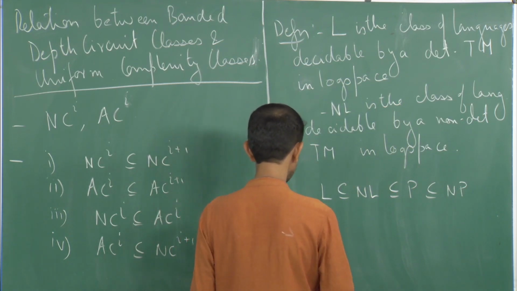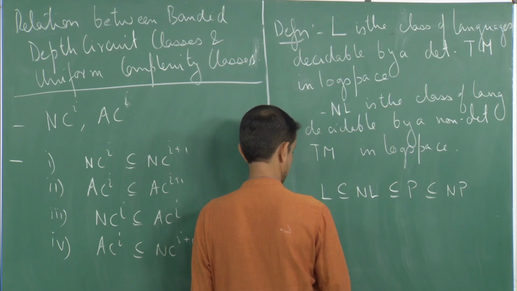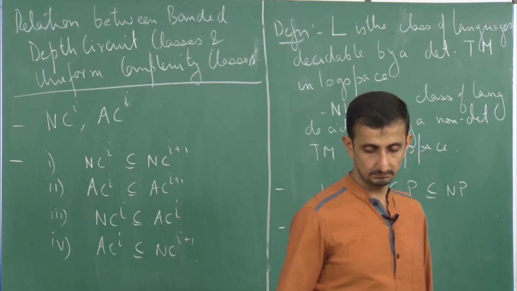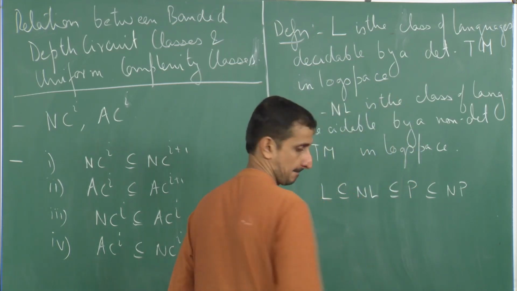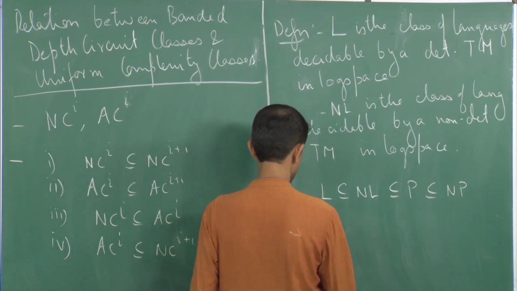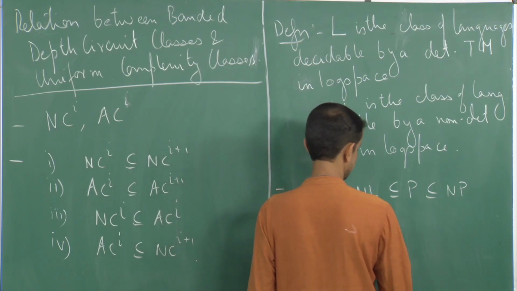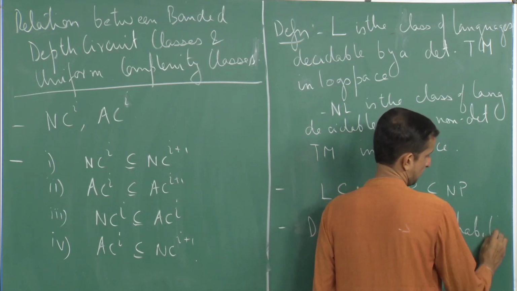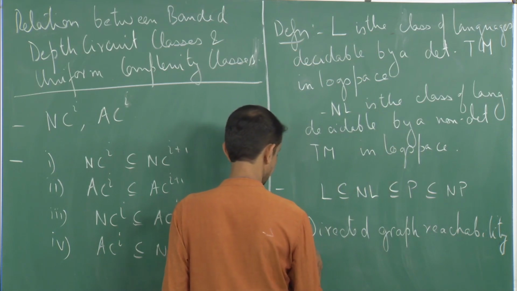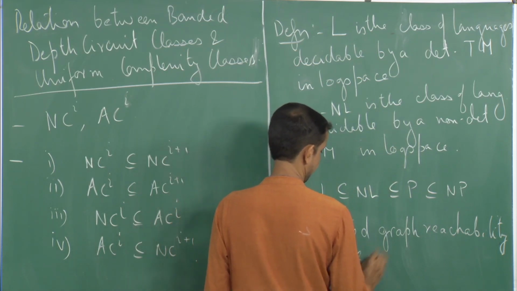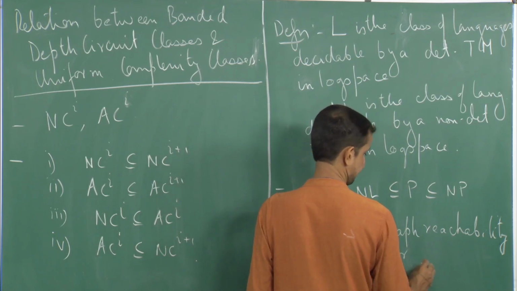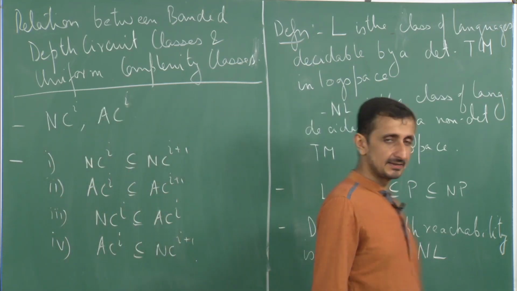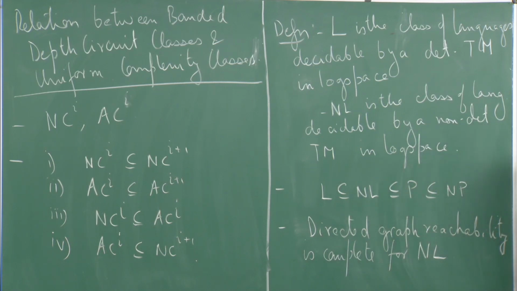And one more result that we will be using, again this is a well known result, that directed graph reachability is complete for the class NL.